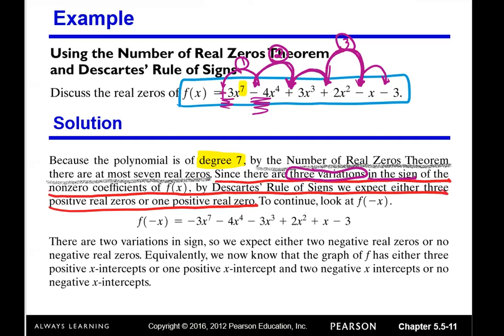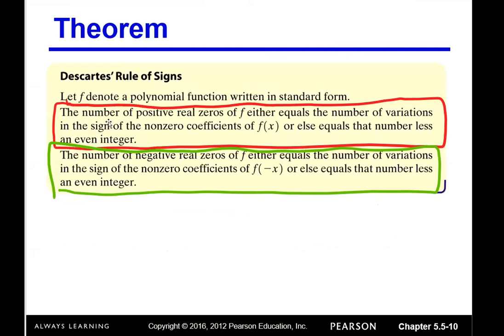So because there were 3 variations, let me go back a slide to point this out. The number of positive real zeros of f either equals the number of variations in the sign, and we figured out the number of variations was 3, or equals that number 3 less an even integer.